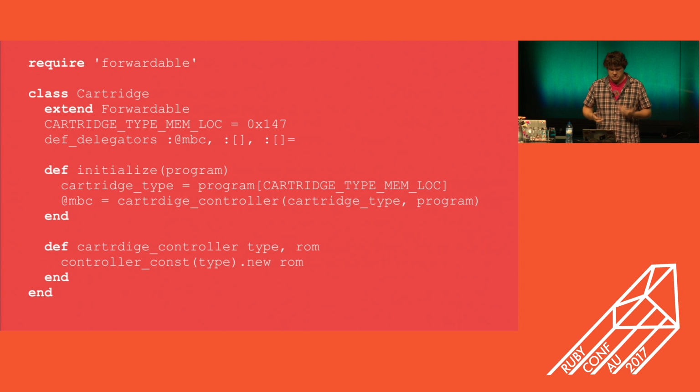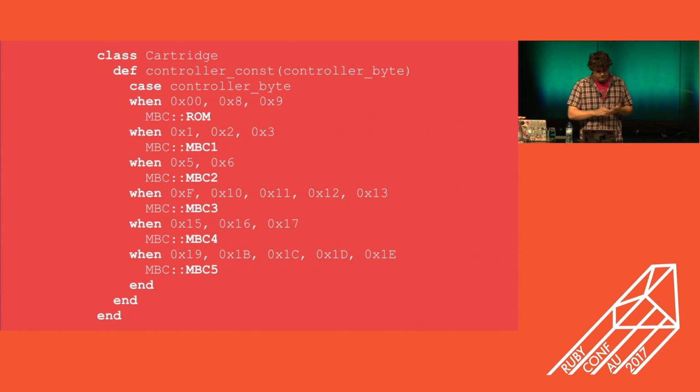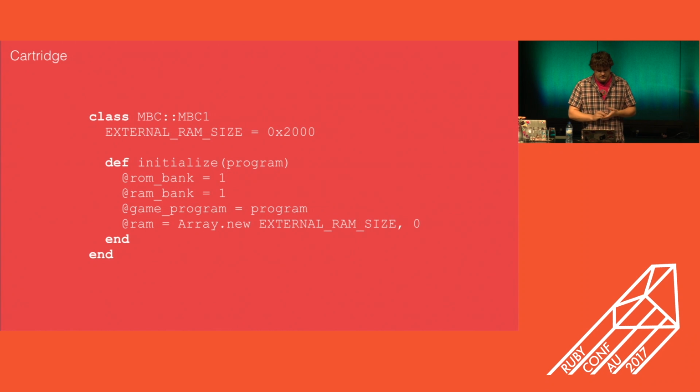There are about 8 different cartridge types, and I simply delegate the square brackets to the actual cartridge type, which will implement the actual banking system. There's a specific region in the Game Boy game that declares what cartridge type it is, and then we build up different implementations of that cartridge type. The actual implementation is then in charge of that banking.